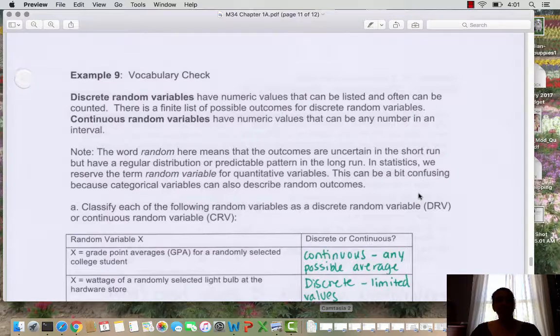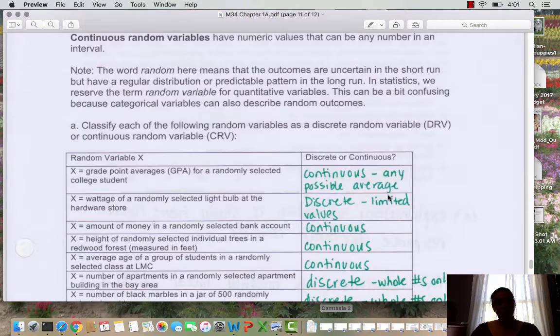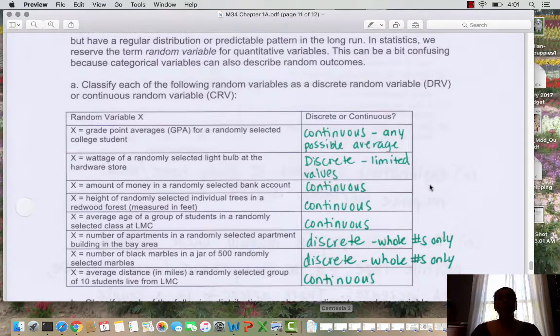When we say random variables, meaning discrete and continuous random variables, we're talking about numerical or quantitative variables. You'll hear me use numerical and quantitative interchangeably. It just means a number variable, not a category. So all of our random variables here are numerical or quantitative.